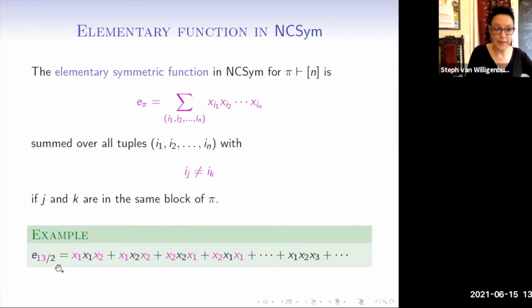So, for example, if we want to compute e_132, then this time, because 1 and 3 are in the same block, the variables in the first and the third position have got to be different. So we're going to have terms like x1 x1 x2, x1 x2 x2, x2 x2 x1, x2 x1 x1, but of course you can also have all your variables being different. So you can have terms like x1 x2 x3, and so on.